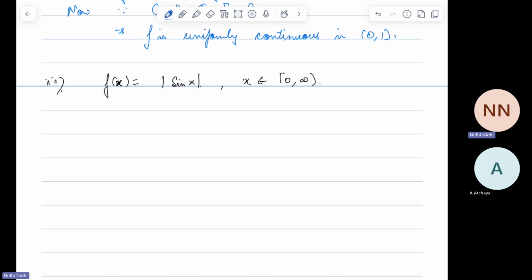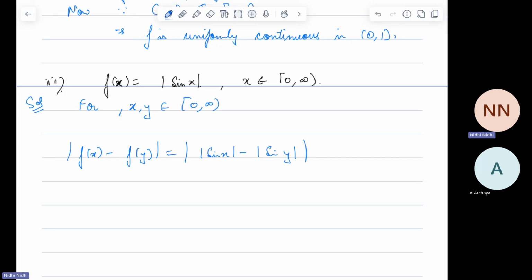Yes, it will be uniformly continuous. Let's see how. We'll start with any x and y in the interval 0 to infinity. Mod f(x) minus mod f(y) will be equal to mod sin x minus mod sin y.